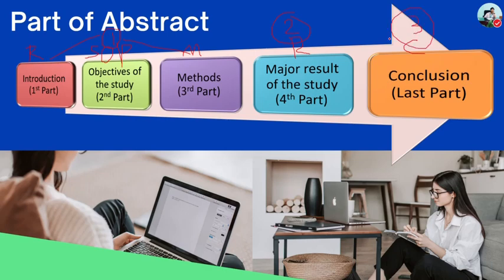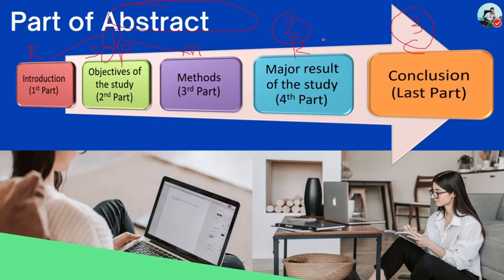Again, what is the abstract? It is the concise summary of the research paper. So all the information that can be found in chapters 1, 2, and 3, you can summarize into one paragraph that is called the abstract. Okay, and it must be in the right sequence or order.